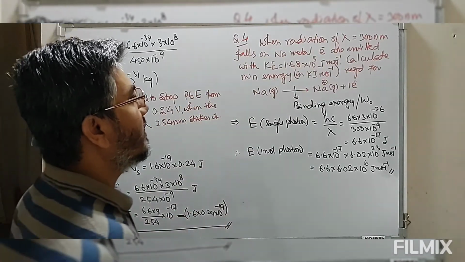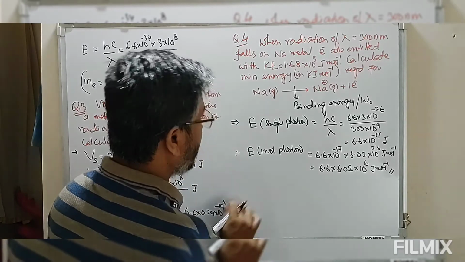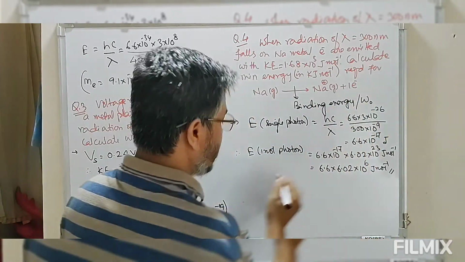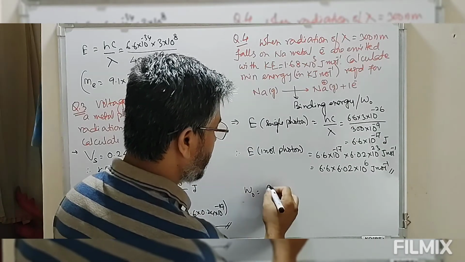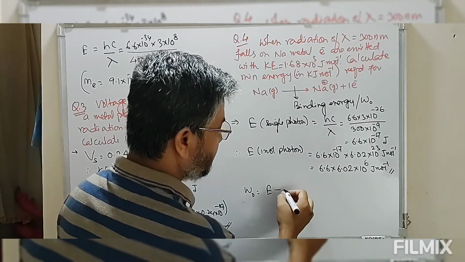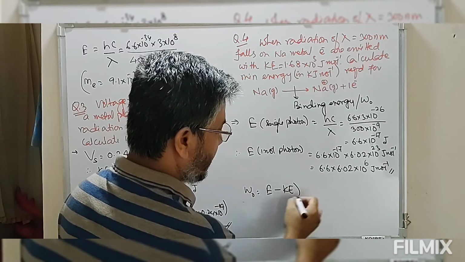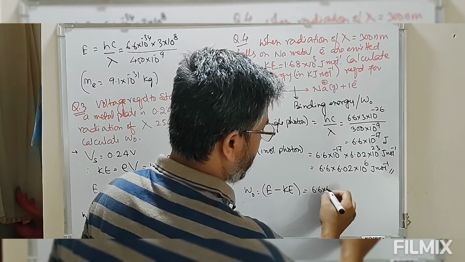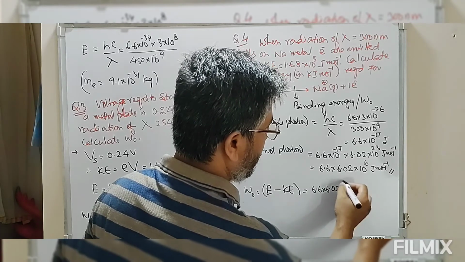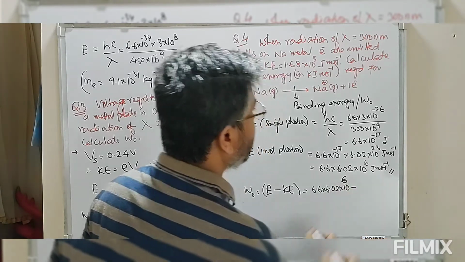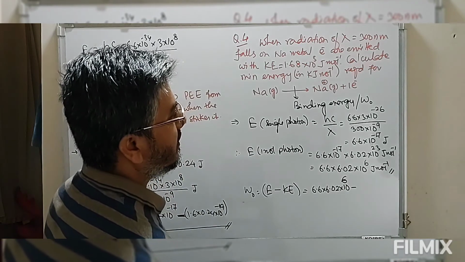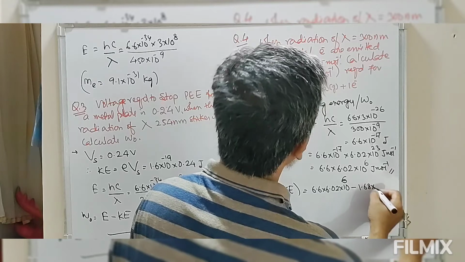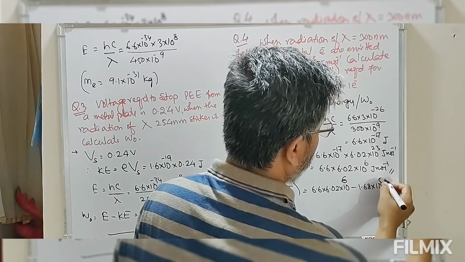Now we have to find the binding energy. So the energy required for this process is nothing but the binding energy or the ionization energy. So this work function is equal to the energy of the photon minus the kinetic energy. So the energy of the photon is here 6.6 into 6.02 into 10 to the power 6, minus the kinetic energy, that is 1.68 into 10 to the power 5.